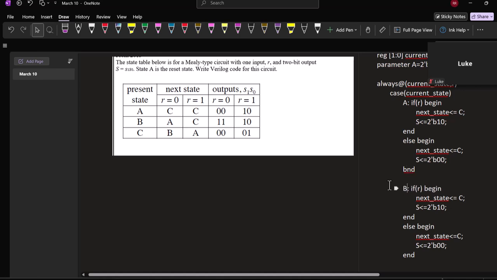So for state B, if R equals 1, our next state is C, and our output is 1, 0, so that's the same. So that copy and paste worked. If R equals 0, our next state is E, and our output is 1, 1.